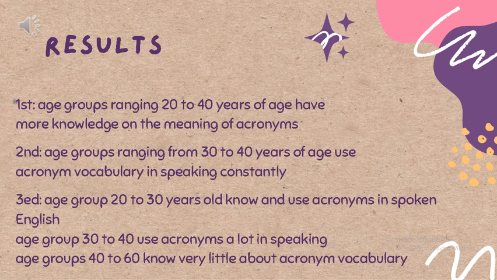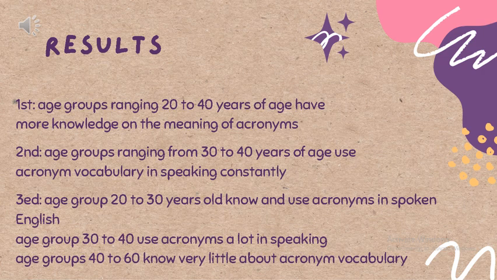The results of the survey indicated that the first age group, ranging from ages 20 to 40, have a lot of knowledge of the meaning of acronyms. Now, the second finding was in terms of the use, and in this case, it was actually surprising to know that age groups ranging from 30 to 40 years of age are the ones that not only know about acronym vocabulary, but they also put it in use.